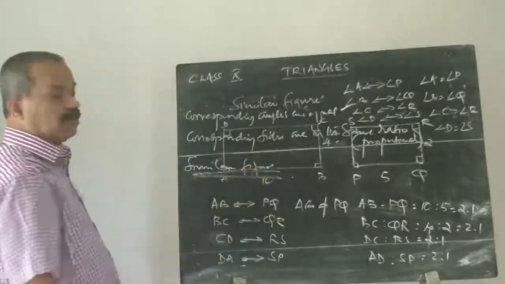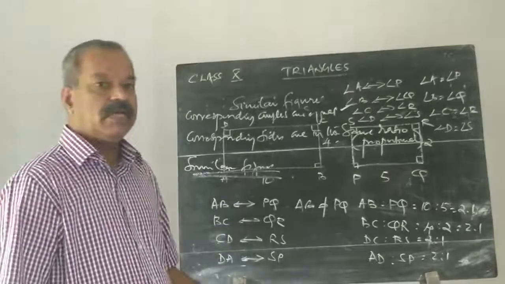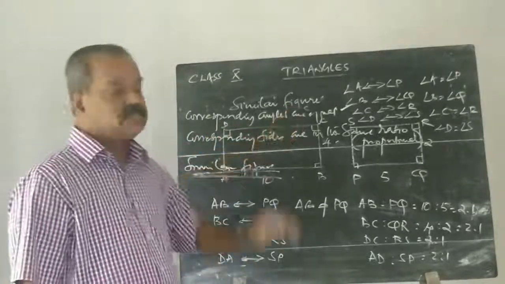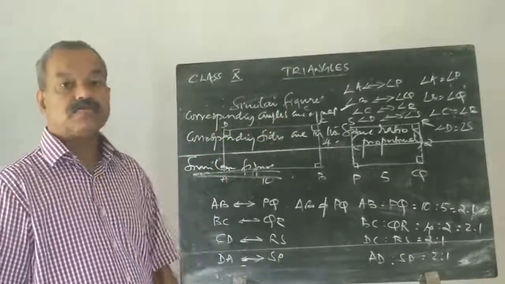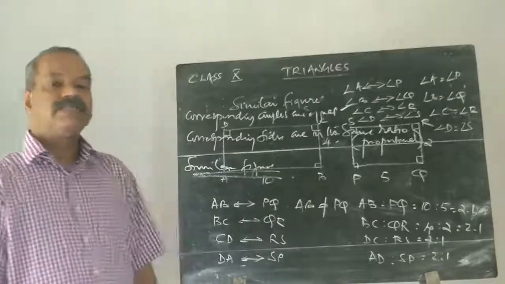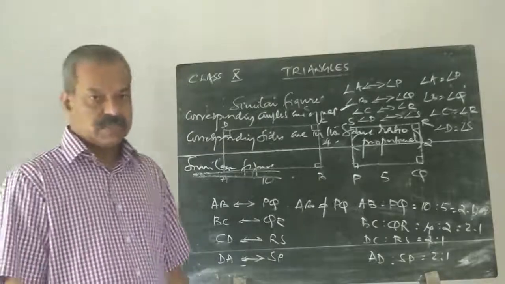So similar figures have the property that the corresponding angles are equal and the corresponding sides are in the same ratio or proportional.